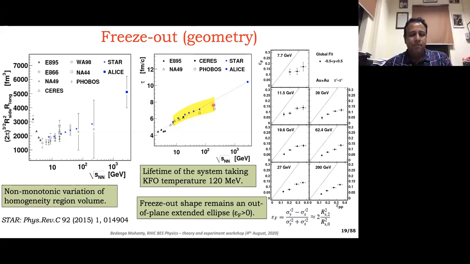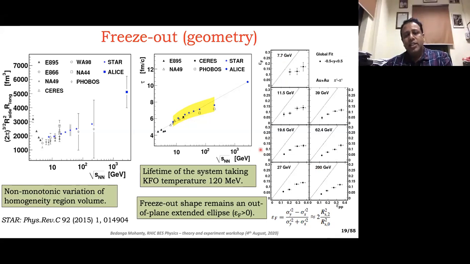Another quantity which we can extract about the freeze-out is the freeze-out eccentricity. Those can be obtained from the ratios of the radii, which we measure from HBT, as has been done by the STAR experiment in the beam energy scan program. The results are shown from 7.7 GeV to 200 GeV.